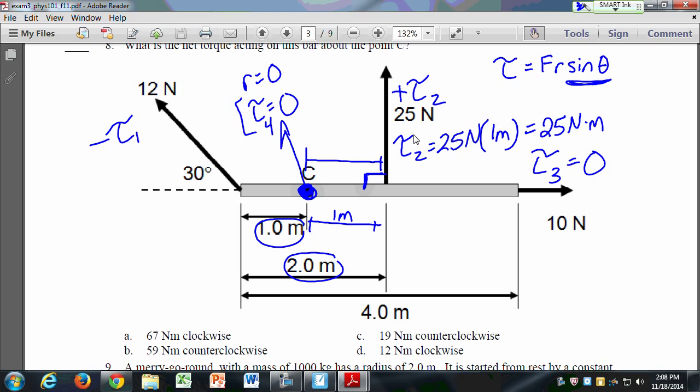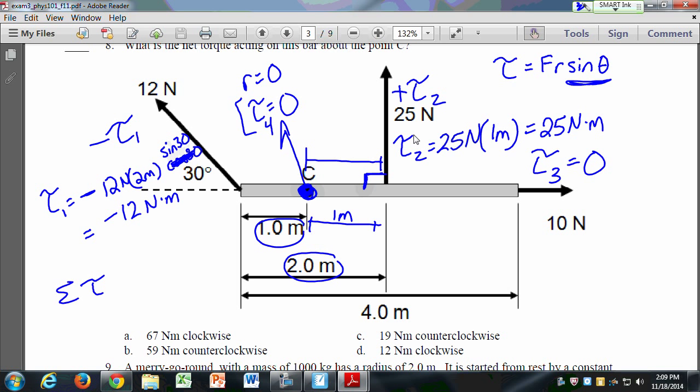Torque 1 is equal to negative 12 newtons times 2 meters times sine of 30. Then you just add them up.